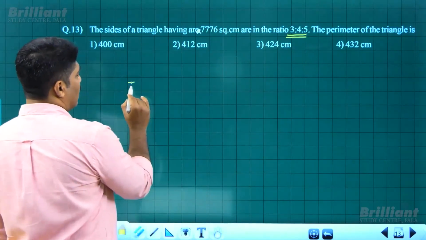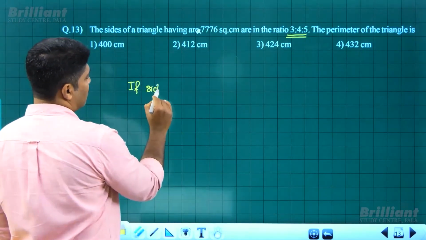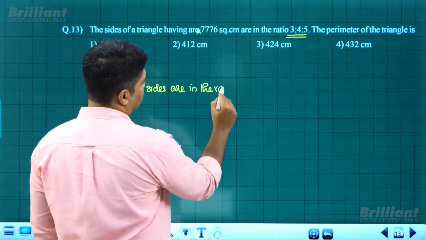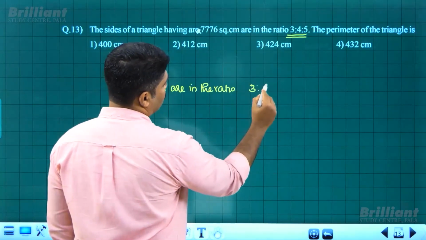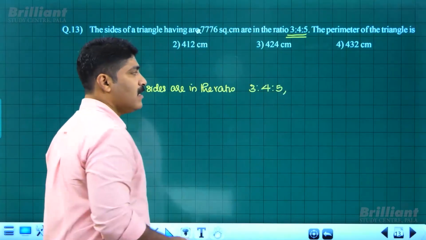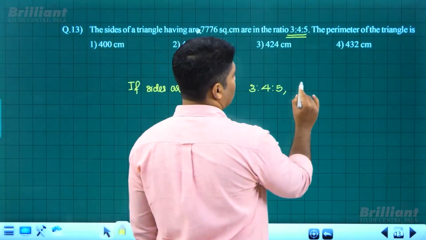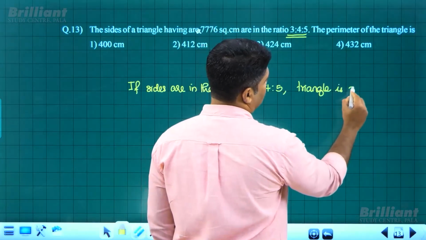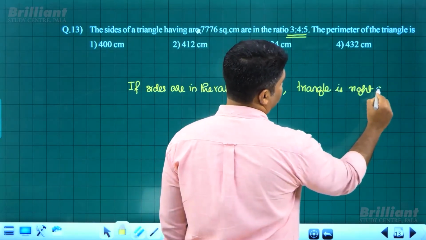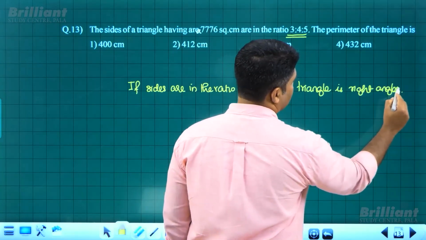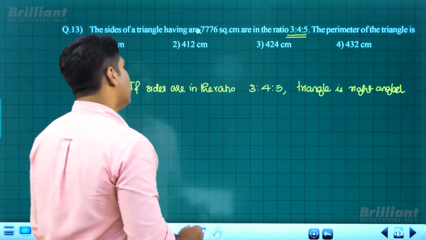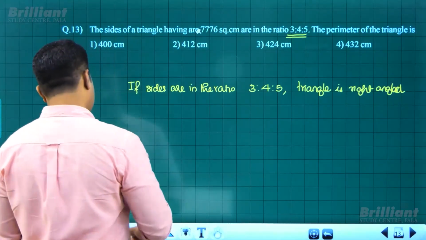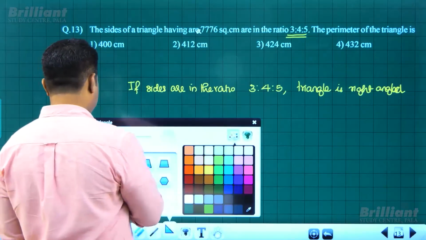If the sides are in the ratio 3:4:5, the given triangle is right angled. So the triangle is right angled. That's another very important Pythagorean triplet. So we are considering the sides to be 3x, 4x and 5x.